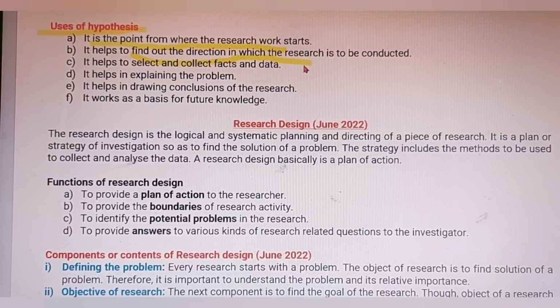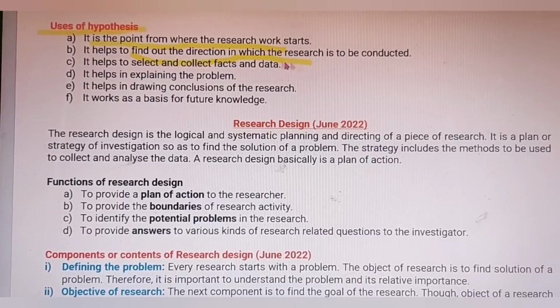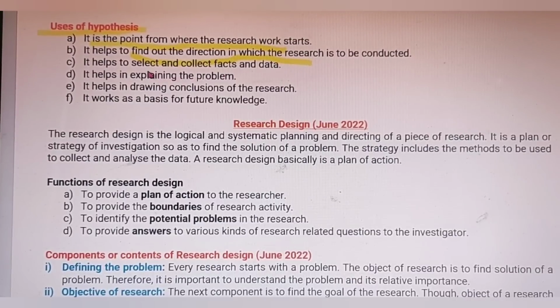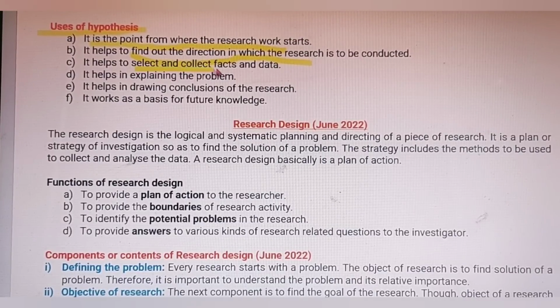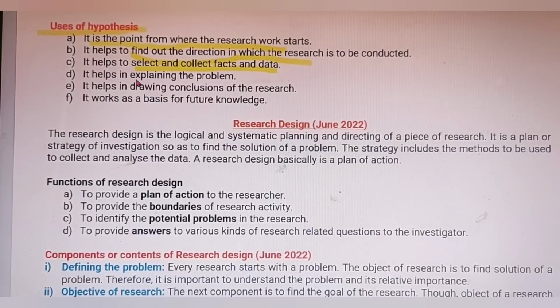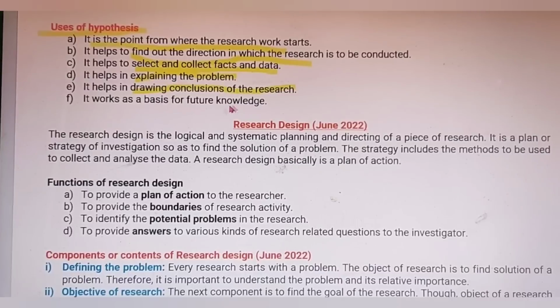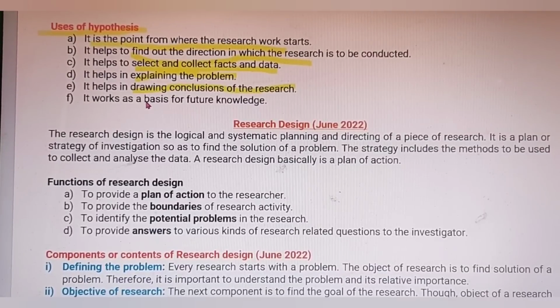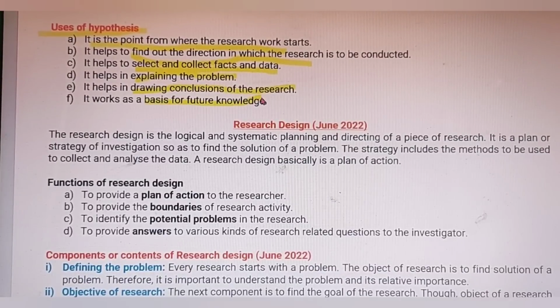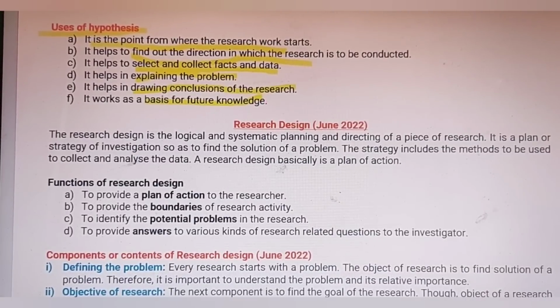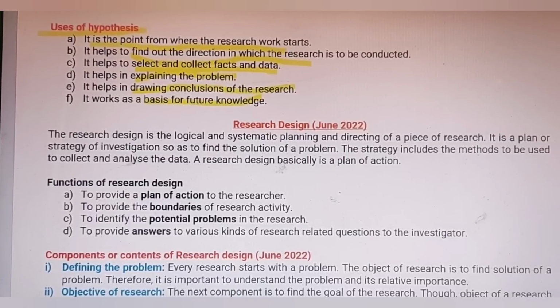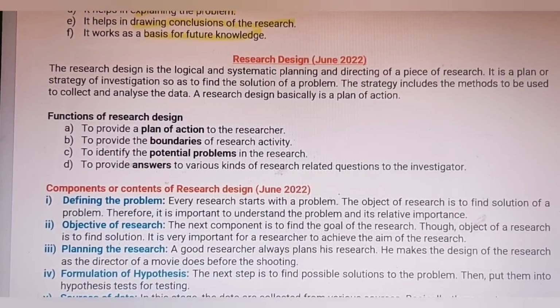So it shows the direction in which the research should be conducted. Then it helps to select and collect the data. It helps in explaining the problem. It helps in drawing the conclusion of the problem, and it works as a basis for future knowledge. So friends, this hypothesis is very, very important in research.